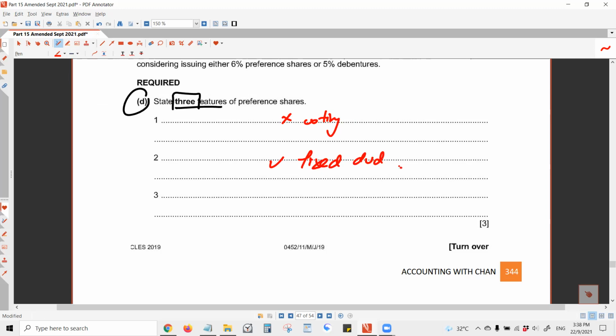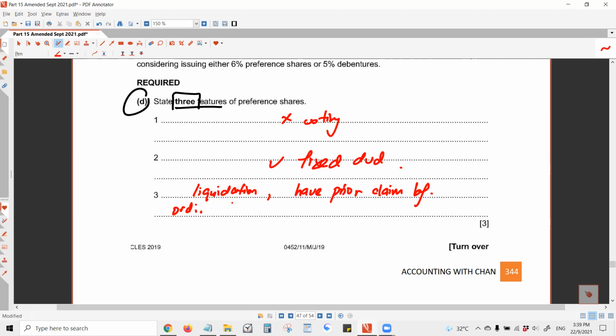Now, what is the third feature you may write? You may write about liquidation. During liquidation, you can say that preference shareholders have prior claim before ordinary shareholders.